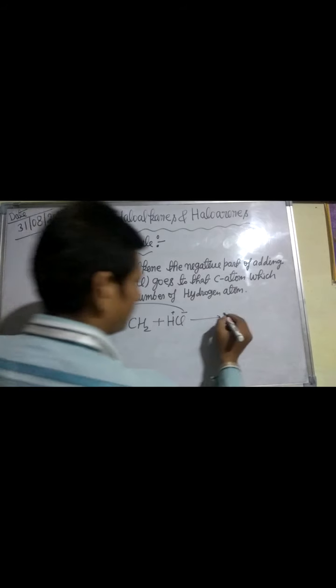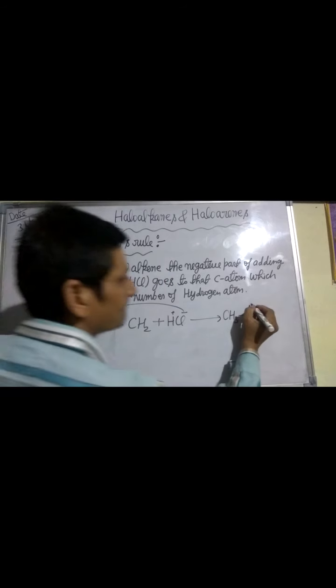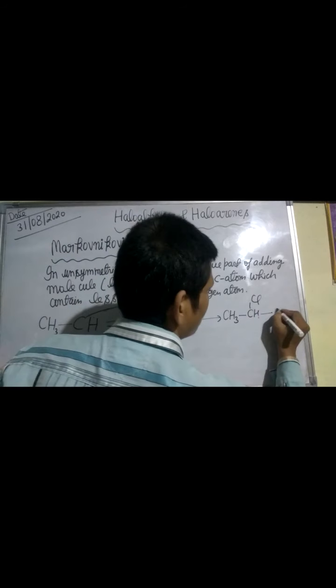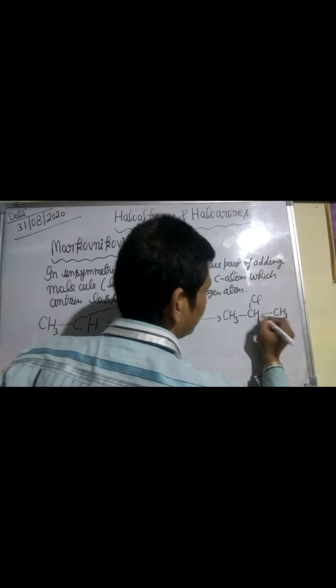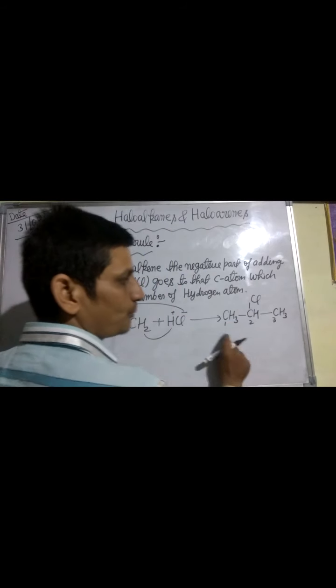We get CH3 bond CH, and Cl attaches here, and this H attaches here, it becomes CH3 bond CH3. So we can say 1, 2, 3: 2-chloropropane.